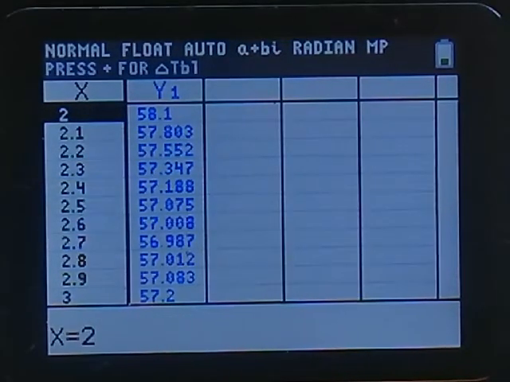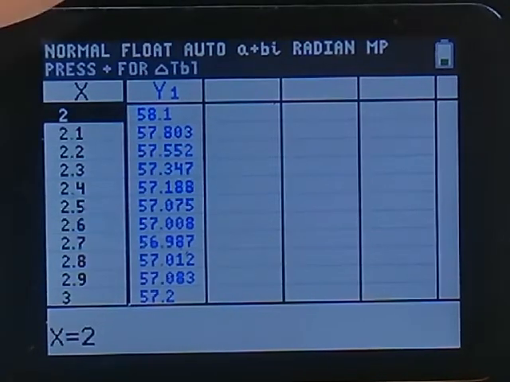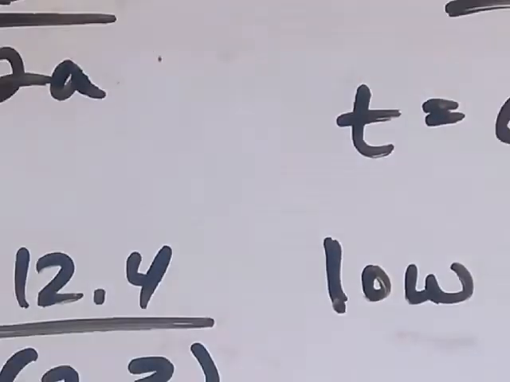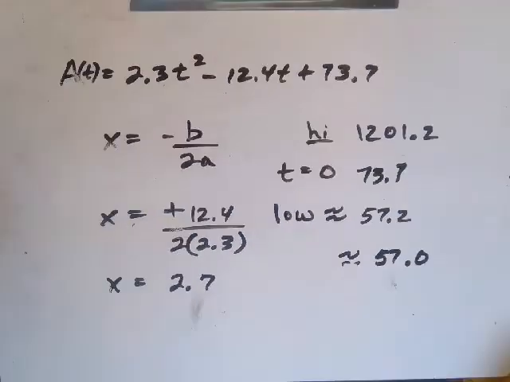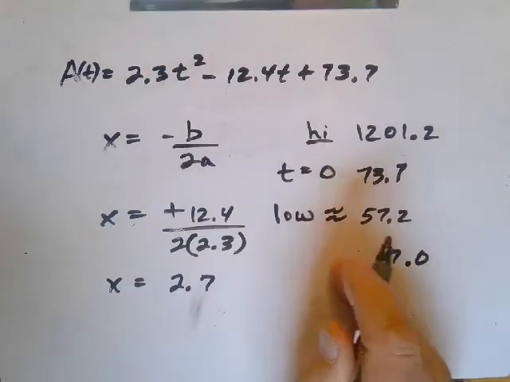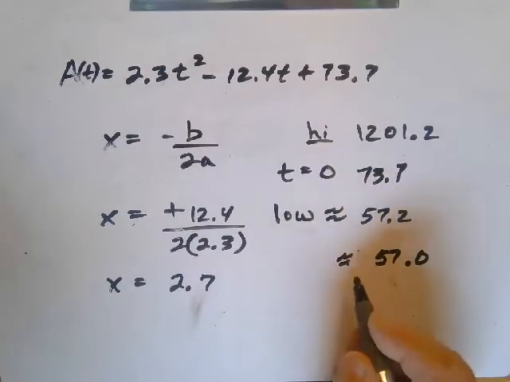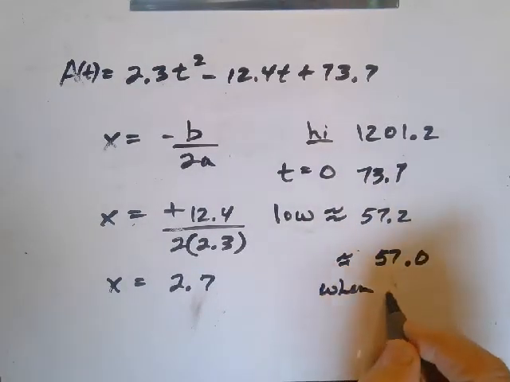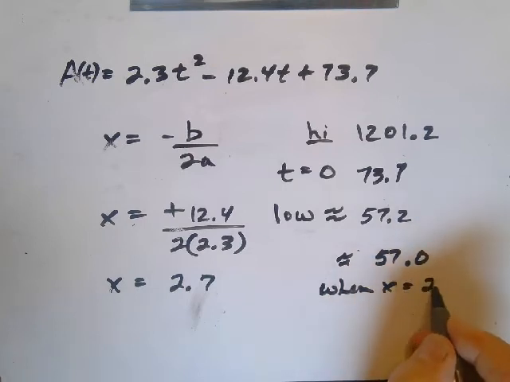Now, what we find is that the answer in the book is a little bit off. It's not quite right. So what do we got here? Well, the book says that the answer is when x is equal to 0, but it's not. It's actually closer to when x is equal to 2.7 or so is the low spot.